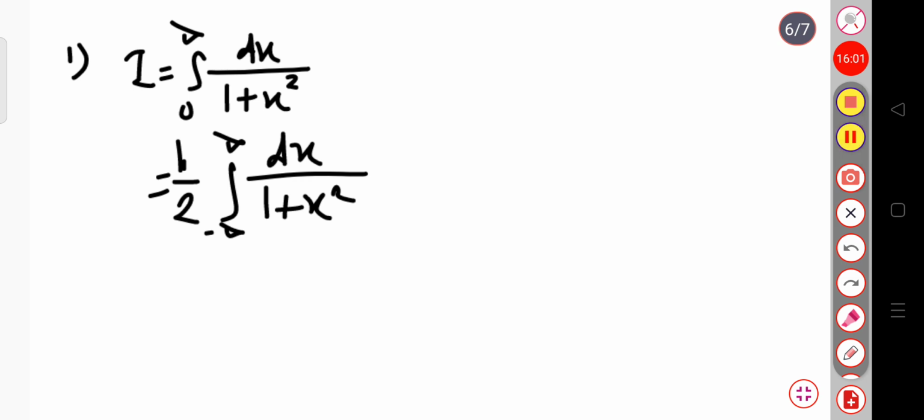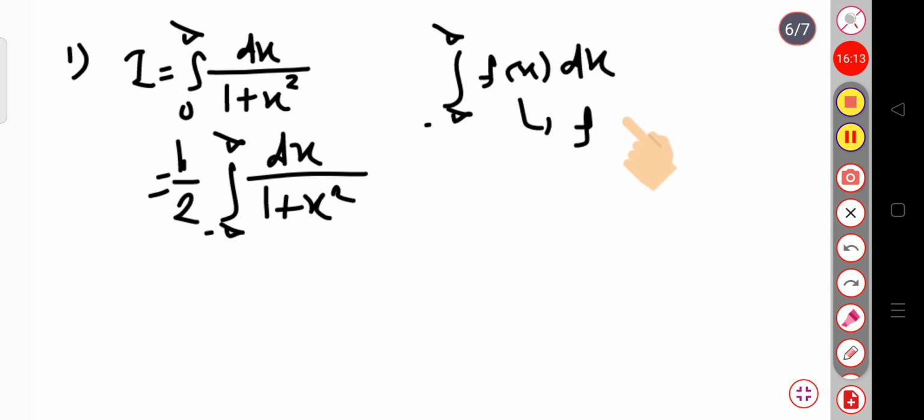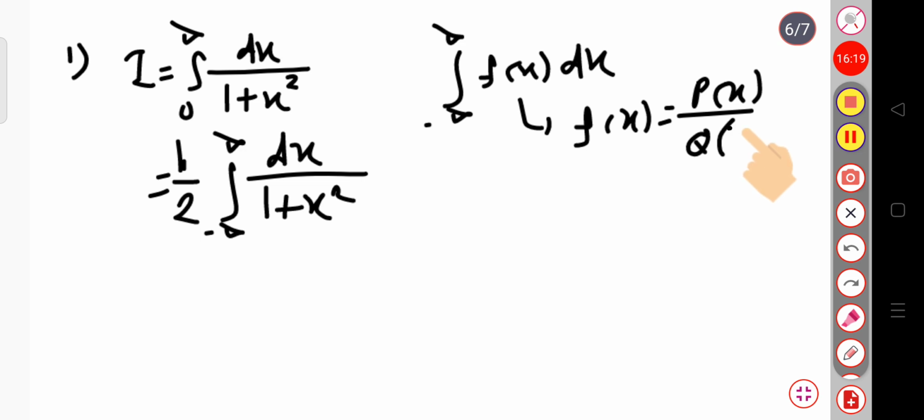I have already told you, the type 2 says that in the integral from minus infinity to plus infinity of f of x dx, f of x should be in the form of p of x divided by q of x, and the degree of q of x should be at least 2 more than that of p.